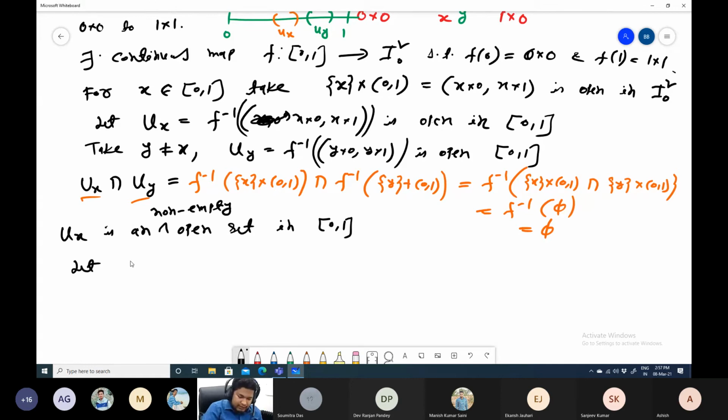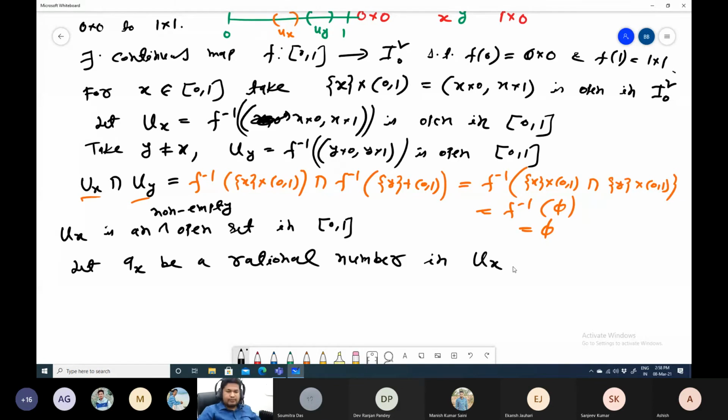Now let q_x be a rational number in U_x. This is true for all x belonging to [0,1]. So q_x belongs to U_x.